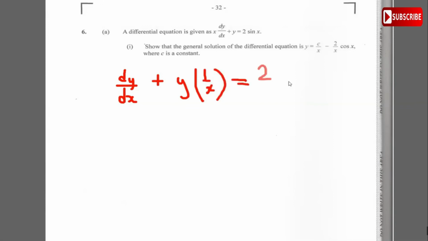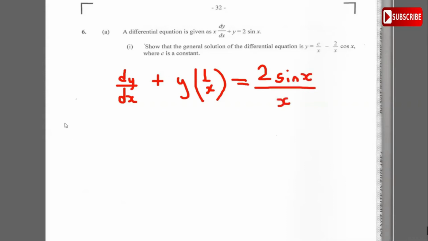So to do this, first you want to divide through by x to get it in the form dy by dx. When you divide through by x, you get plus y times 1 over x, equal to 2 sine x over x. Then the first thing you need to do is find your integrating factor.